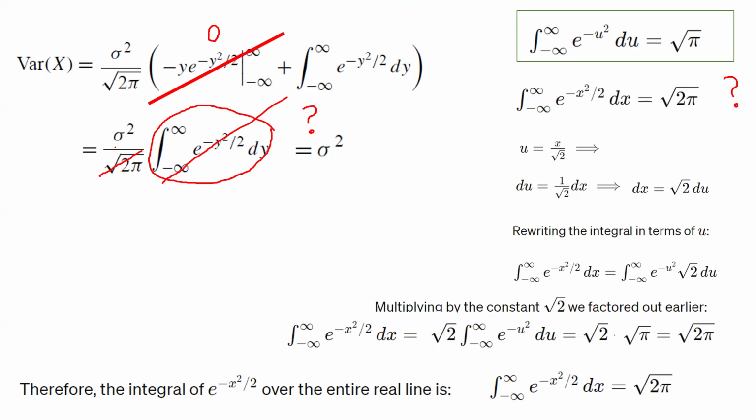Sigma squared is left. So the variance for a normal distribution is sigma squared for your continuous random variable x following a normal distribution. So try to feel comfortable about these kinds of proofs, going back to elementary calculus, doing integrations, and so on.